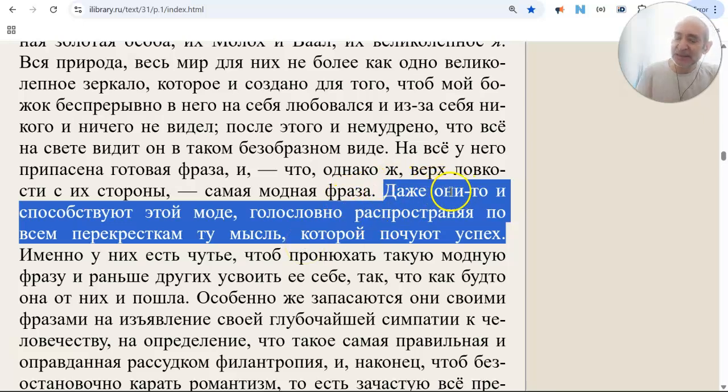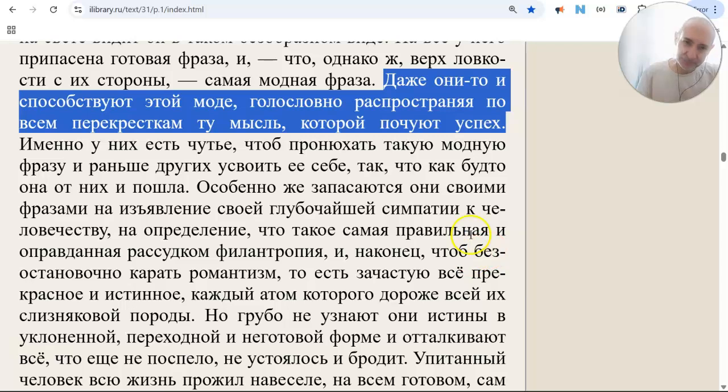So that's exactly they who even assist that fashion. In an unsubstantiated way, spreading everywhere that thought by which they will smell the success. It's good, huh? How do you feel?